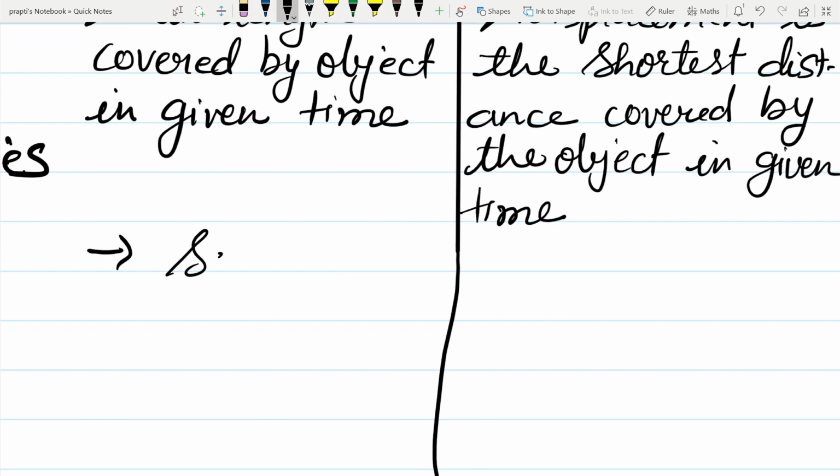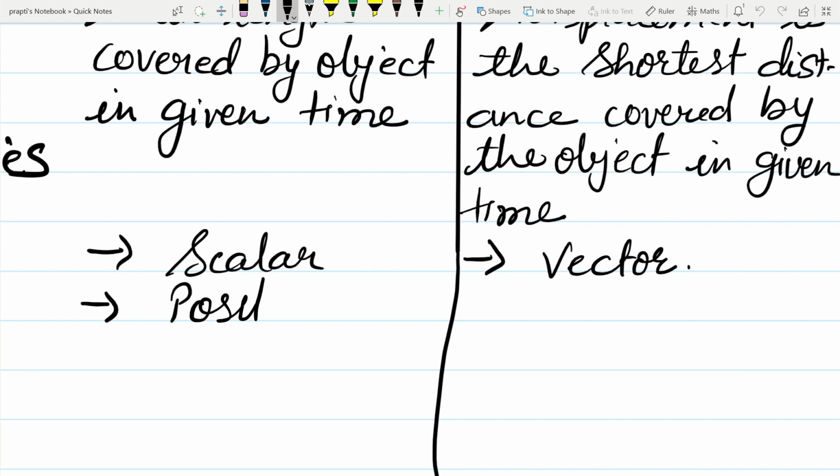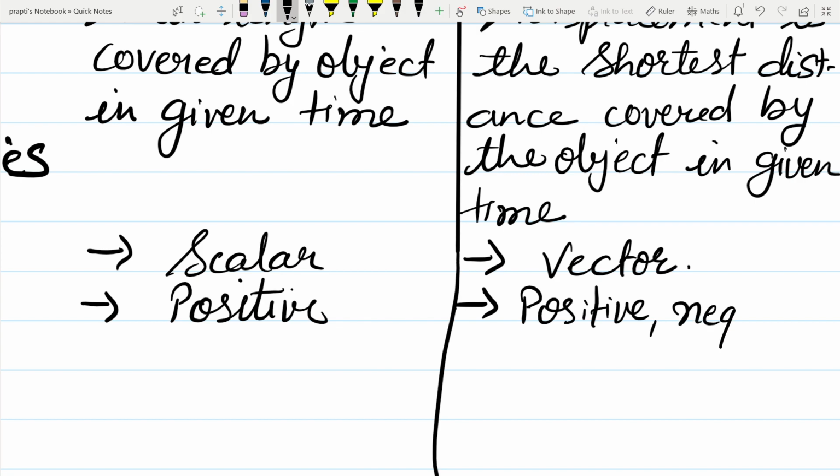Distance is a scalar quantity. Displacement is a vector quantity. Distance is always positive and displacement can be positive, negative or zero as well.